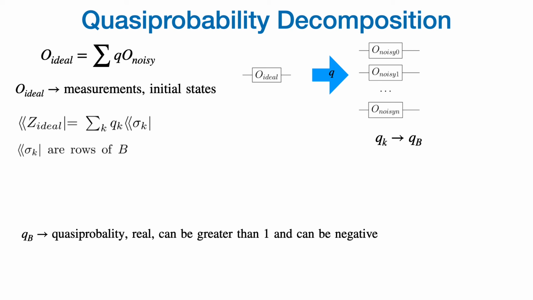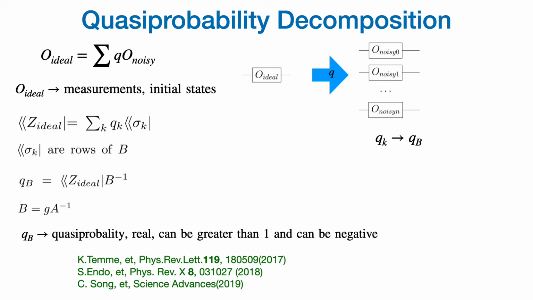As we know the ideal form of Z, if we also have B, we could calculate q_B as follows. Here, q_B is a quasi-probability. Their values can be greater than 1 and can be negative. It is kind of another extended probability.